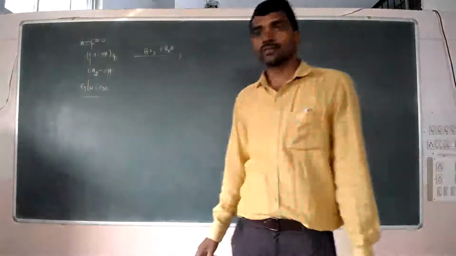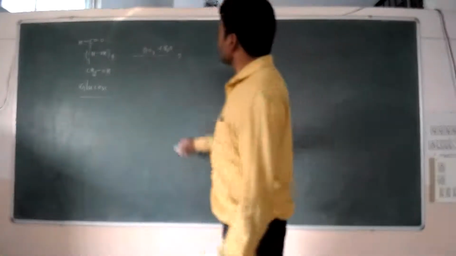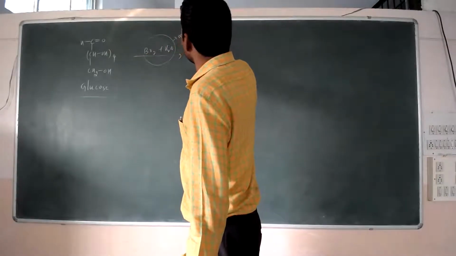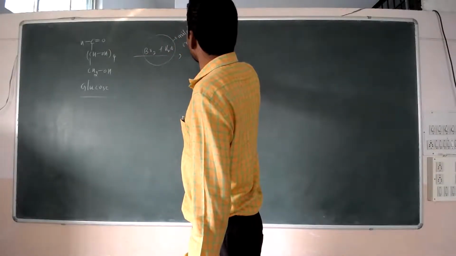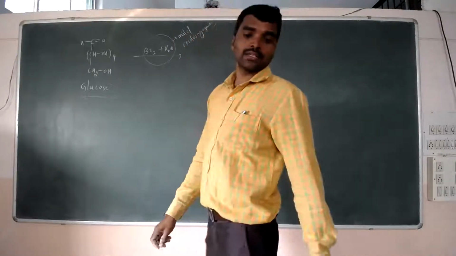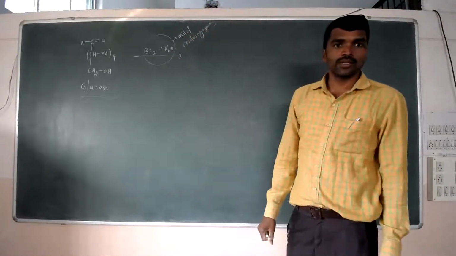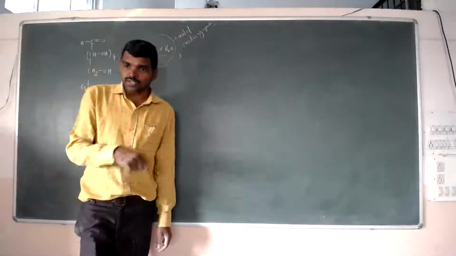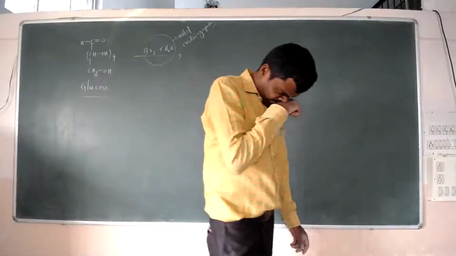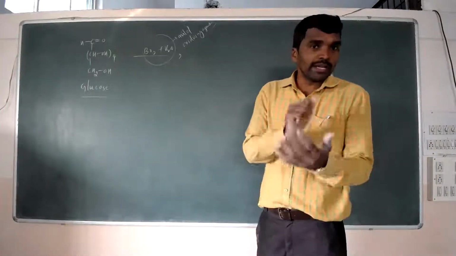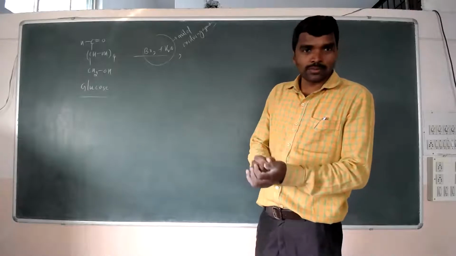Br2 plus H2O is a mild oxidizing agent. From the previous reaction, what is confirmed? Glucose contains a carbonyl function, aldehyde or ketone. We can confirm that.